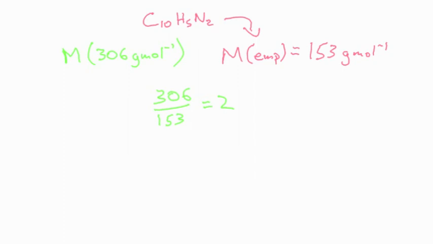And because it's 2, that just means we have to multiply the empirical formula by 2. So the molecular formula is going to be C20H10N4. And that is our molecular formula.